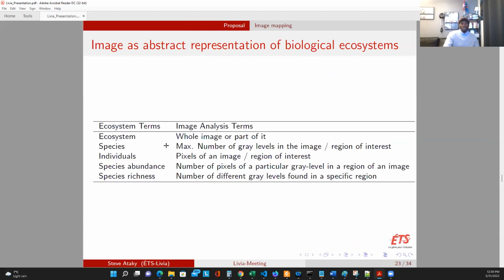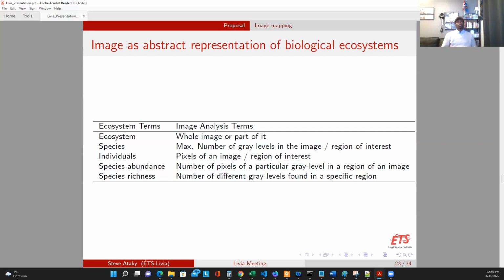So here we have some definitions or translations of how we have represented our image as an ecosystem. Because if we want to apply biological concepts for texture analysis, there should be a one-to-one correspondence between image analysis terms and ecosystem terms.